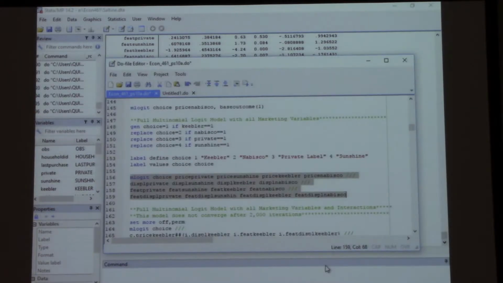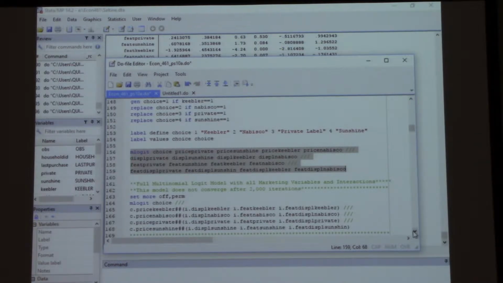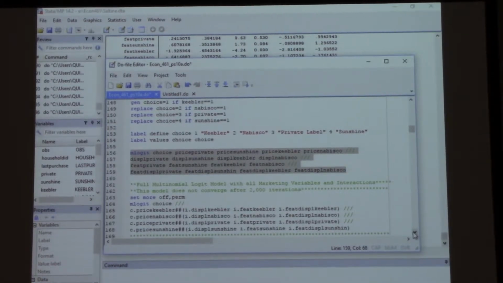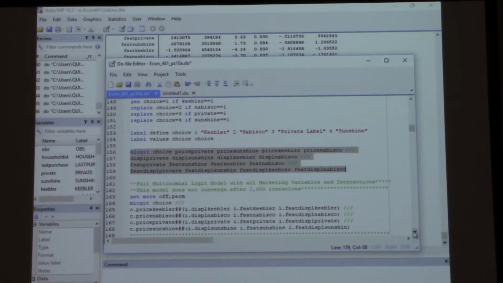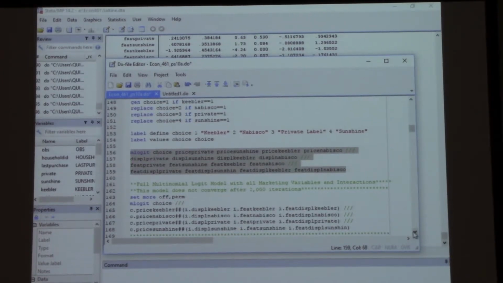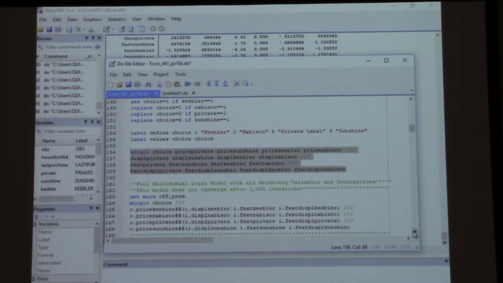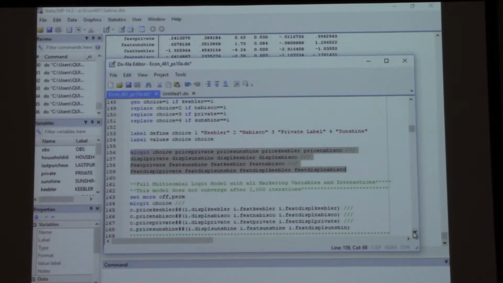All right, let's visualize some of this stuff. If we go back to that paper on price promotion, we know that we should probably interact these things. And theoretically, we probably should. Unfortunately, this model doesn't converge. This says after 2,000, but I think you can go after 5,000 also. It'll just keep running all night long.